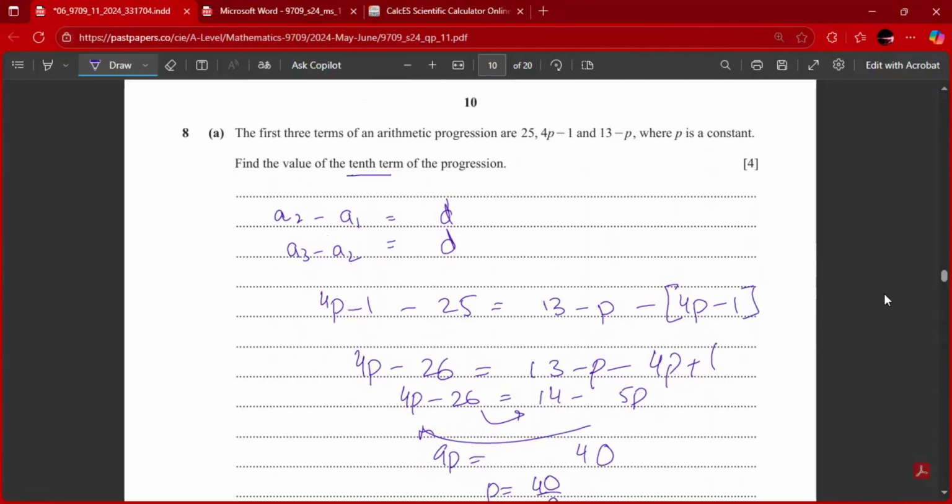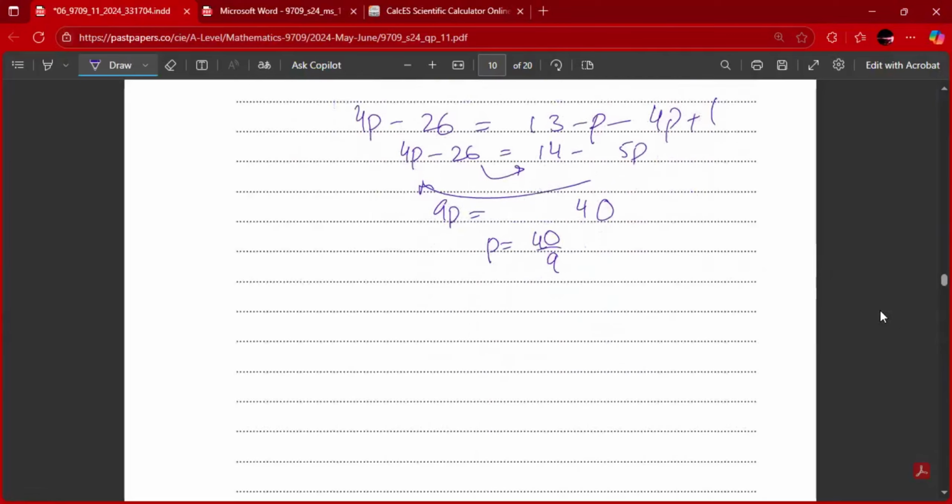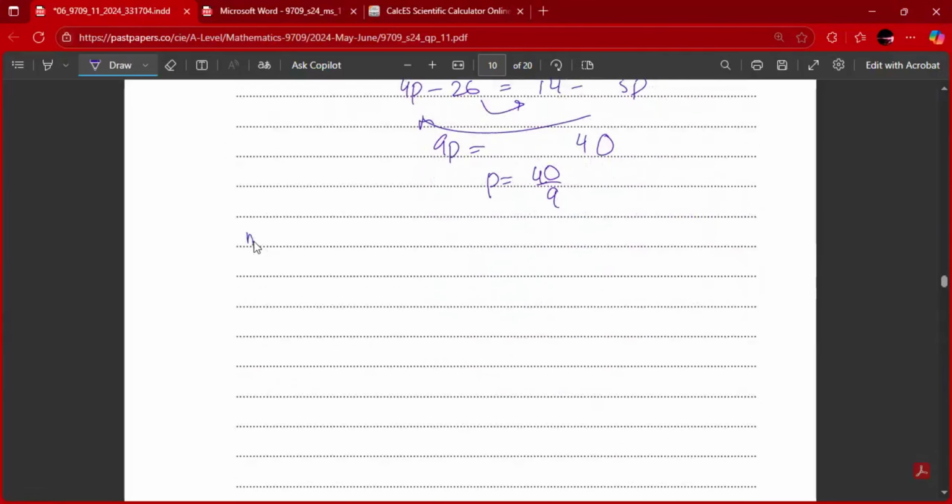To find the 10th term in an arithmetic progression, the nth term is a_n equals a_1, the first term, plus (n minus 1) times d. So a_10 is 25 plus 9d, but we do not know what d is.